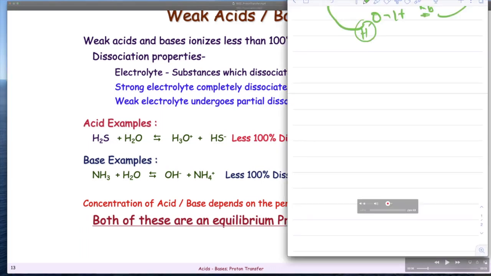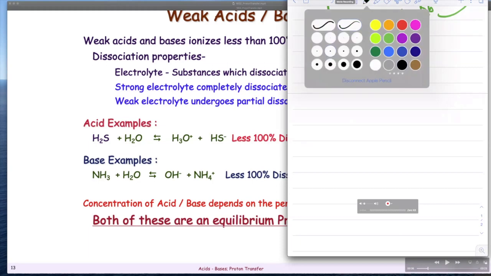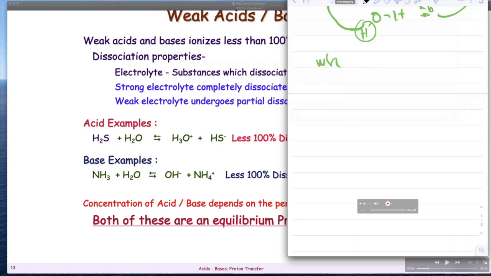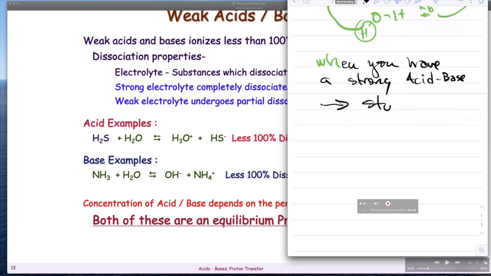When you have a strong acid or base, the problem is stoichiometric, and that's because it's a 100% reaction. And when it's 100%, there is no equilibrium involved.